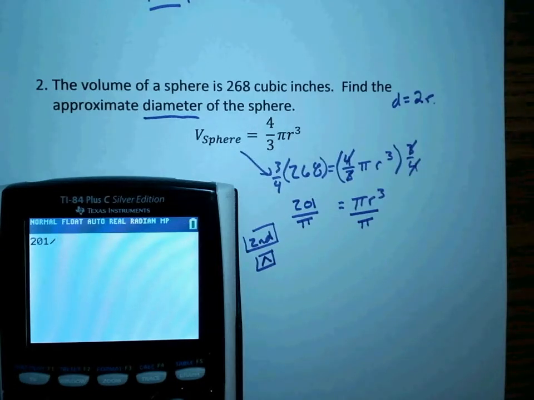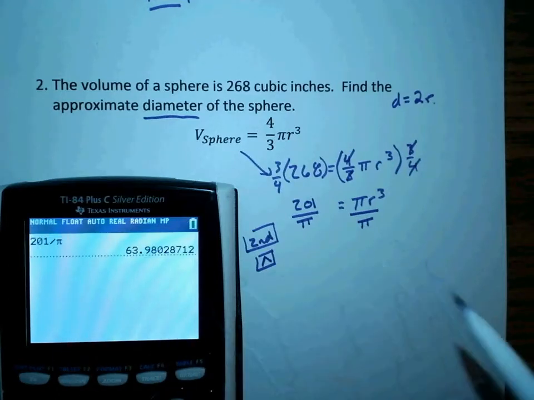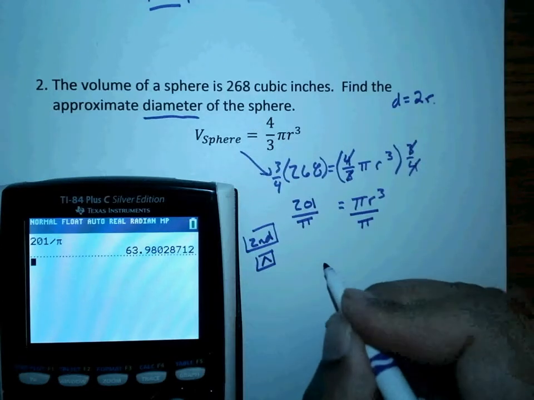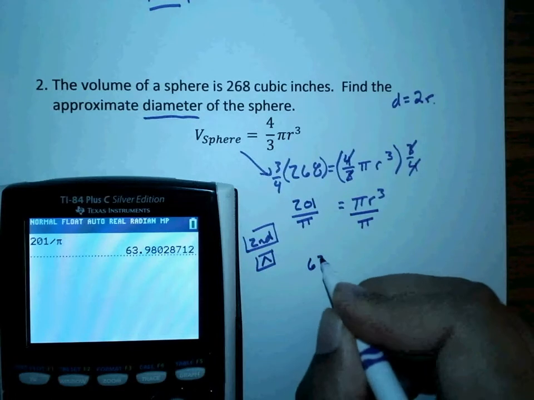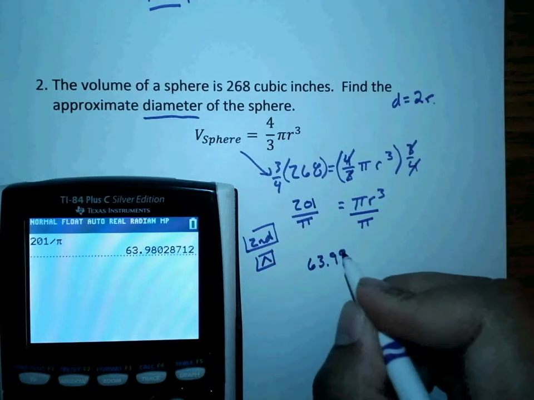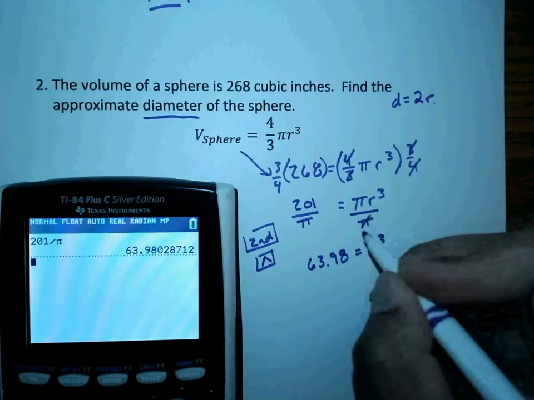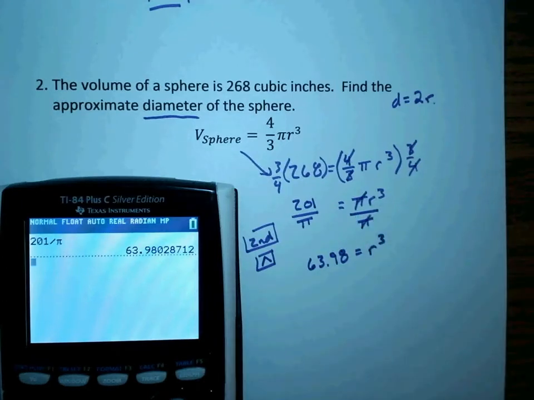So 201 divided by second pi. So that way I use the actual pi symbol. And we get 63.98. Because the pi and the pi cancel.